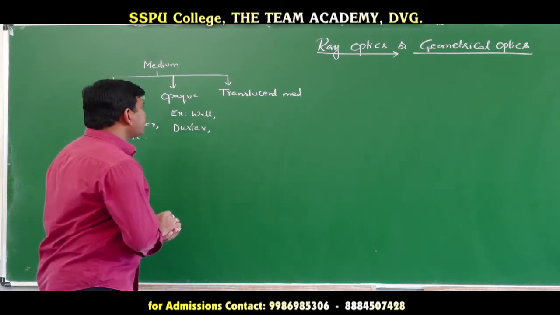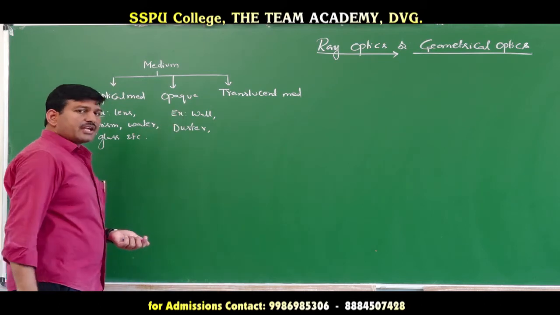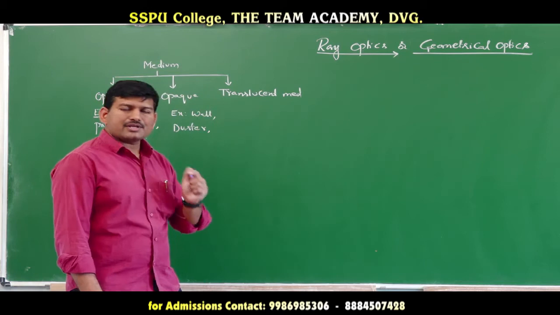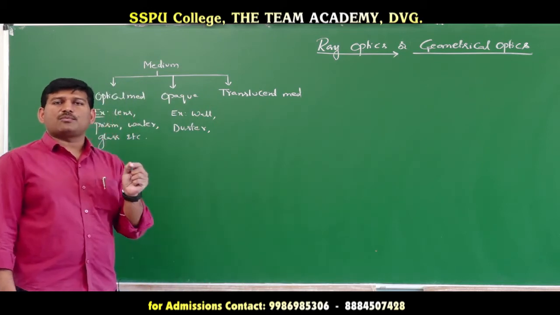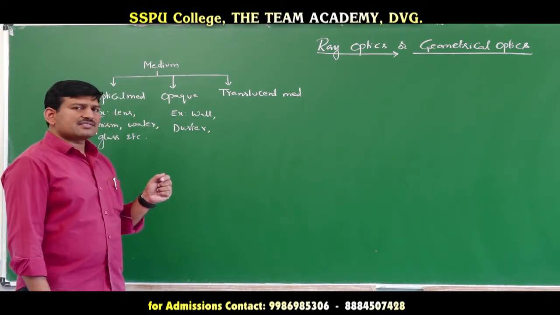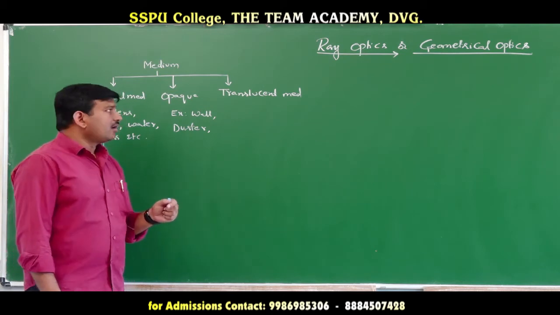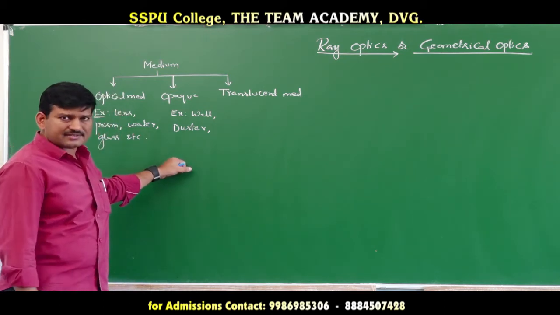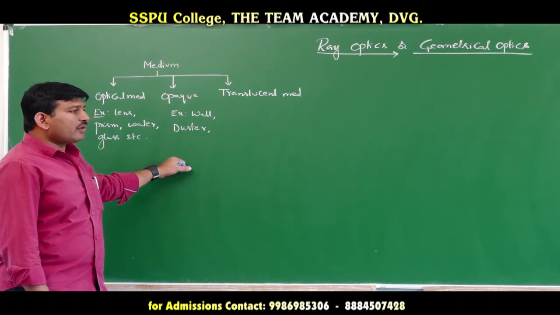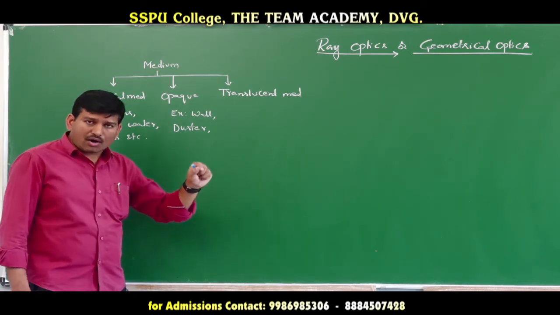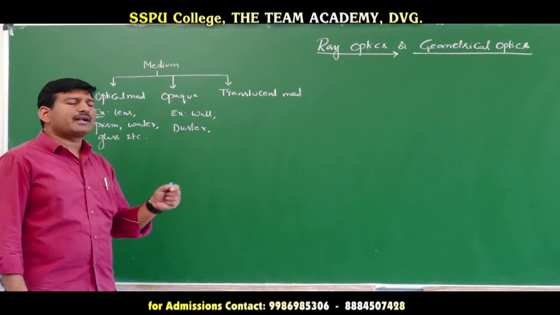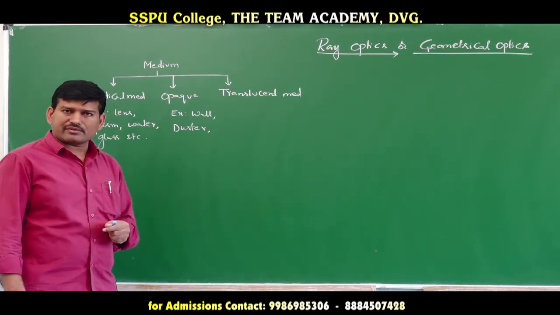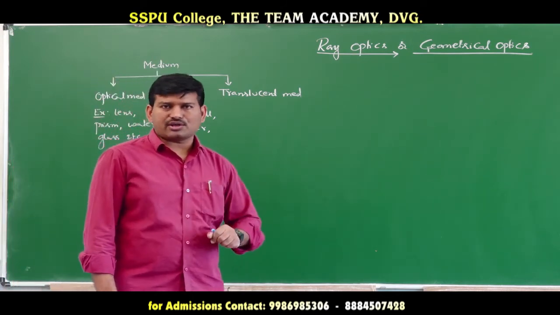Now, coming to the propagation of light, how light propagates according to ray optics. According to ray optics, light travels in the form of straight lines. When do we take light as a straight line, and when do we take light as a wave? Suppose the size of the object is very large compared with the wavelength of the light wave; then according to electromagnetic wave theory, light has wave nature, as I told you.